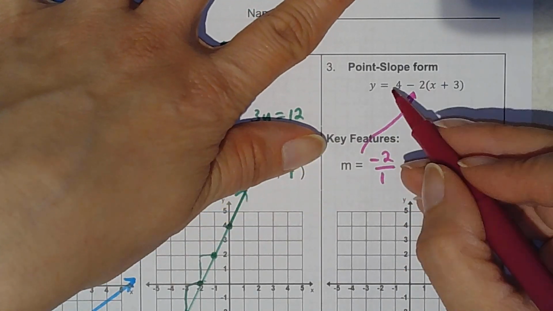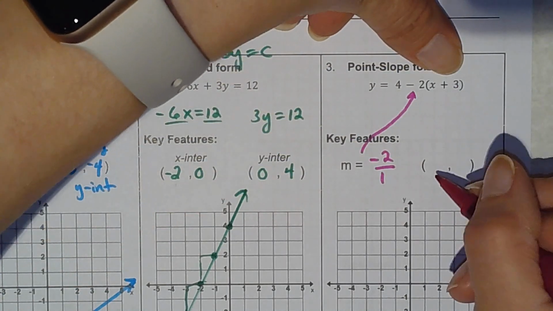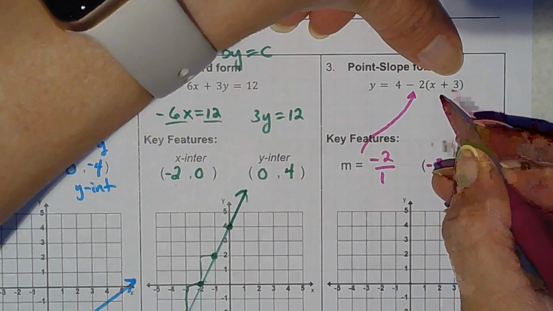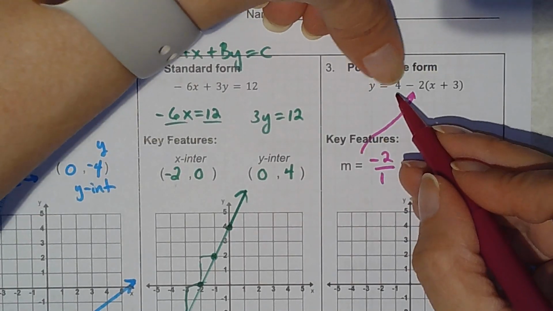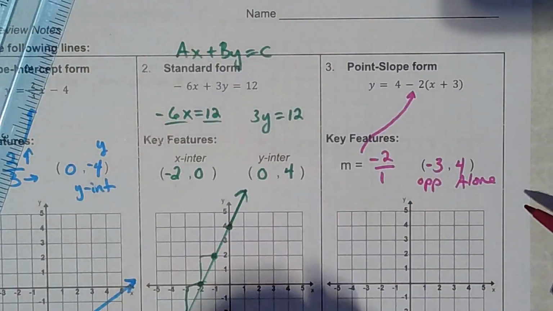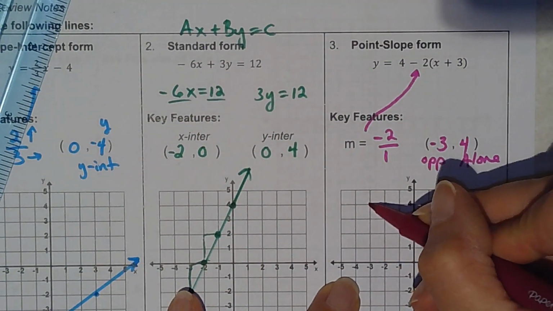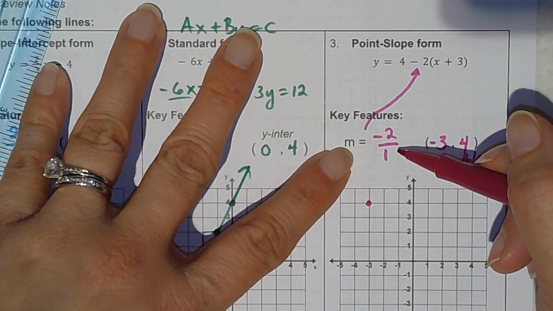And what is the point for this equation? The x value is negative 3 because x is by x, but remember he's always opposite. And the y value is a 4. He's always alone. So the starting point is negative 3, 4. Will the line be increasing or decreasing?